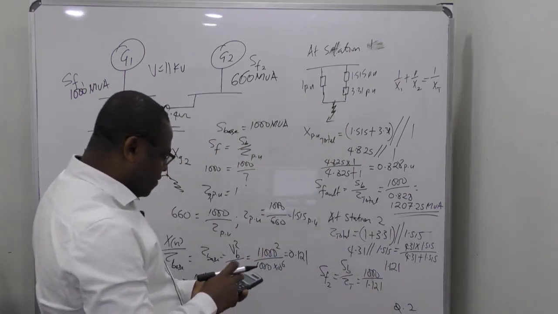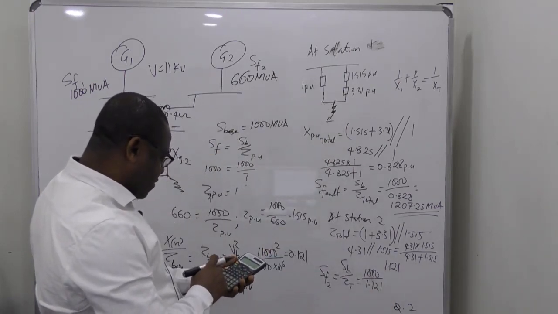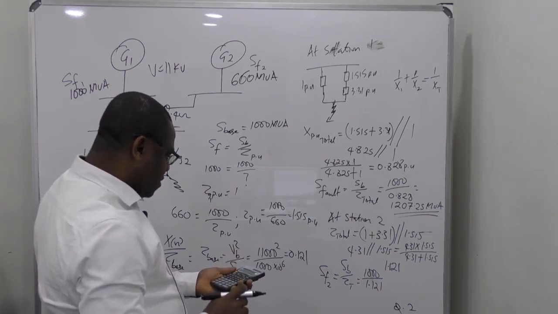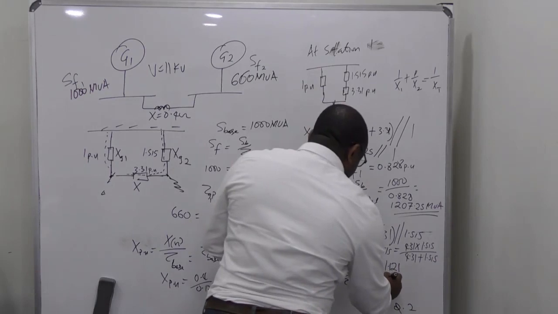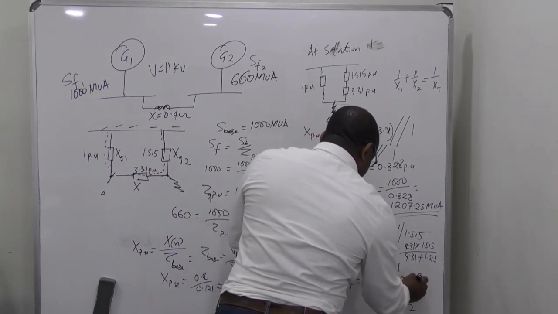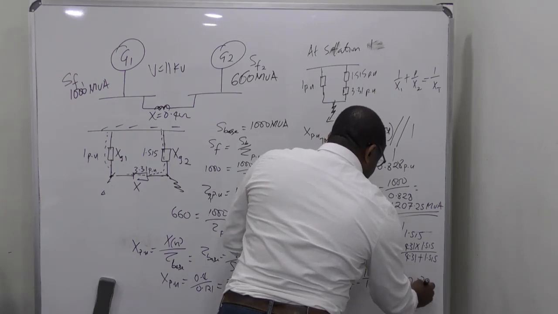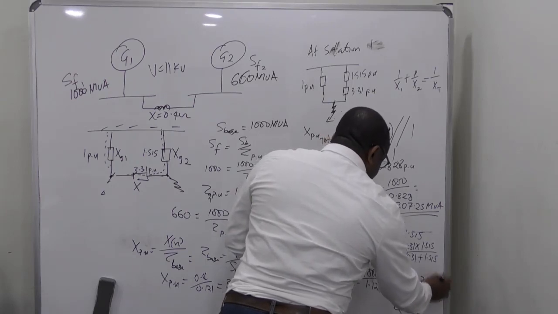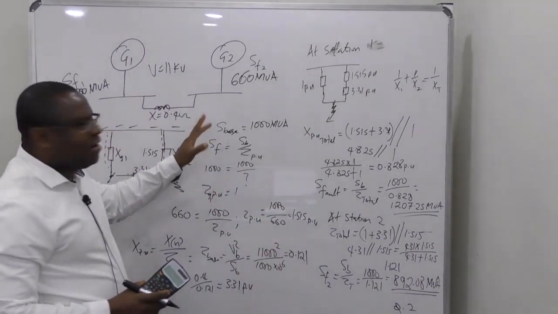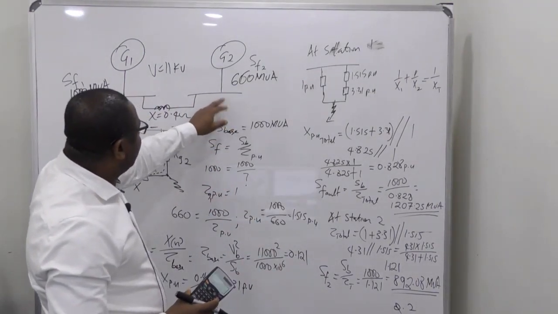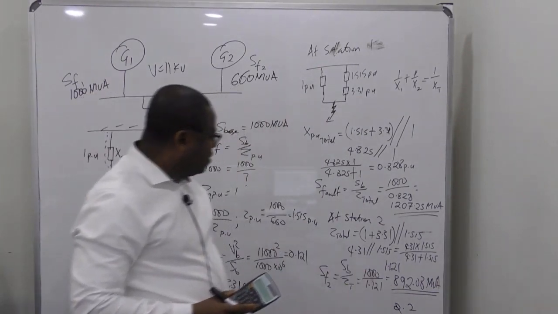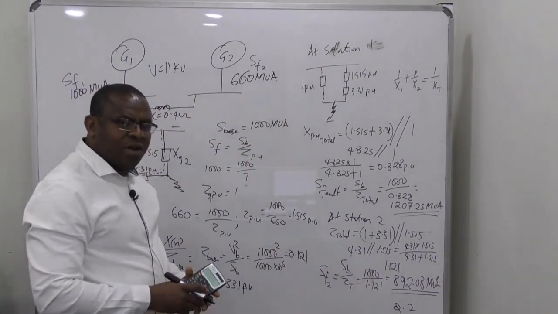So we have 1,000 divided by that, which gives you 892.08 MVA. Did you see that? The fault level at this point will now increase to 892.08. Do you know the implication of this?